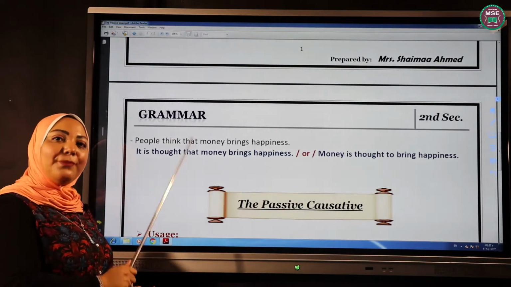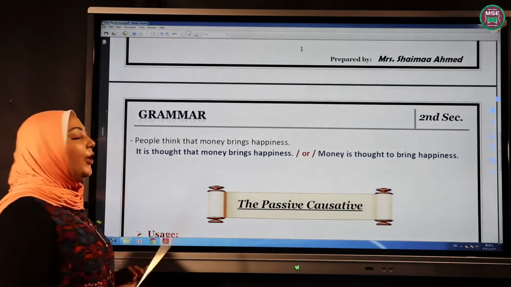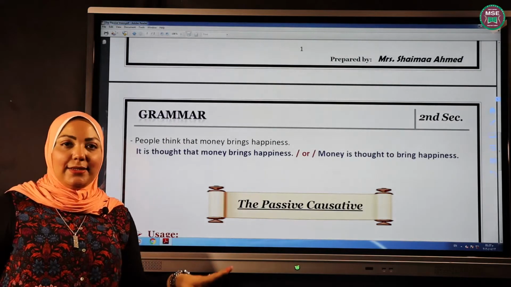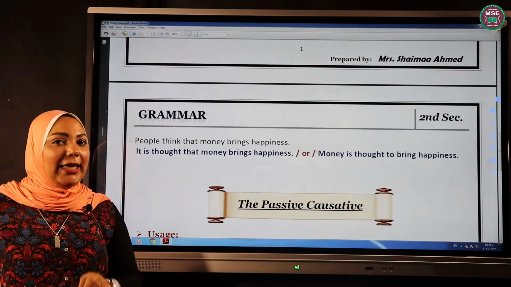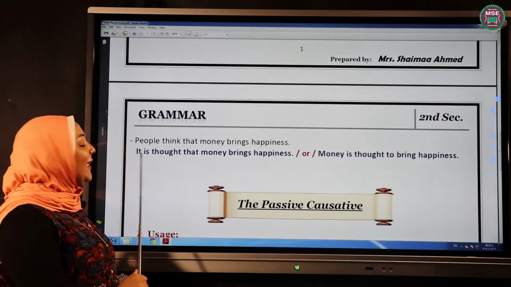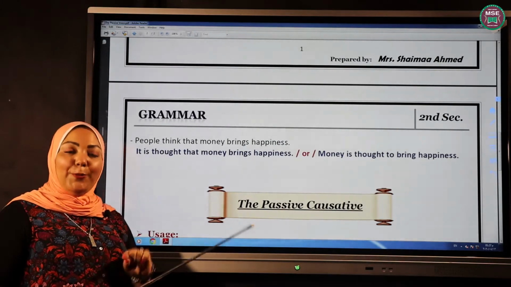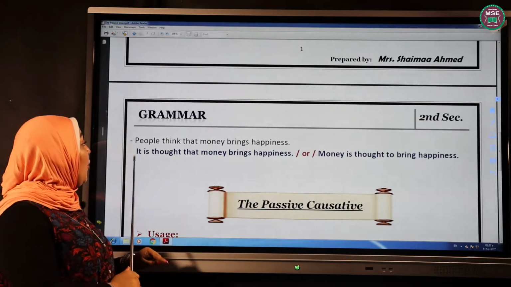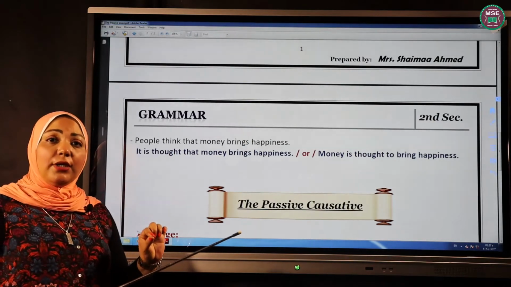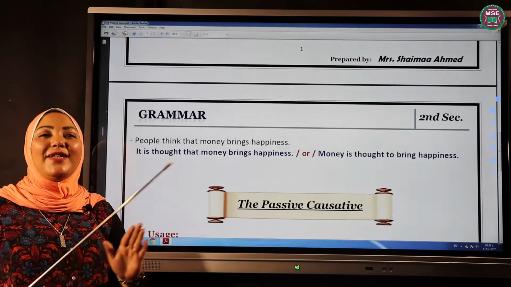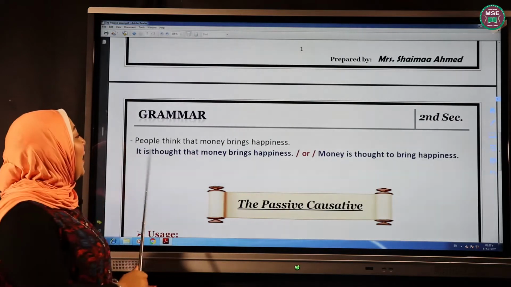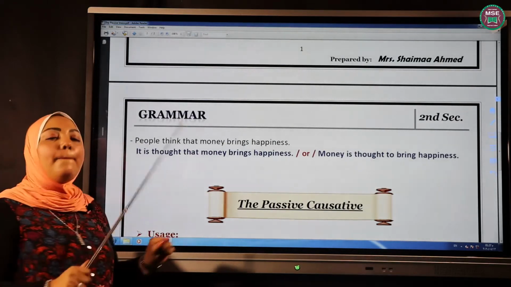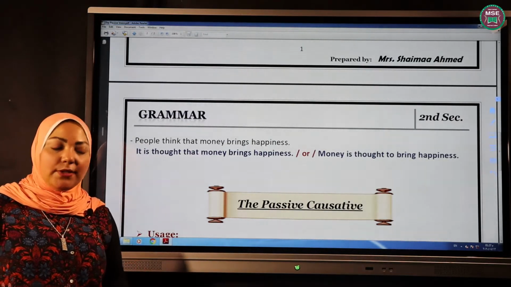Then, step number 2, verb to be. Think is present simple, so we need verb to be in the present: it is. Then the past participle of the main verb, which is think: it is thought. Then complete the rest of the sentence as it is. It is thought that money brings happiness.